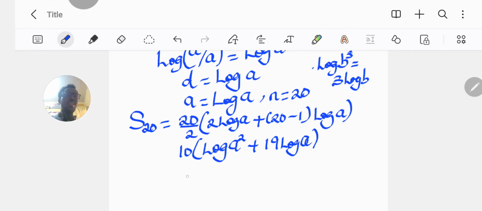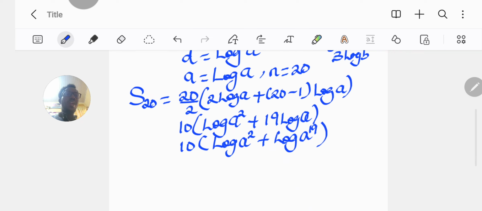So from here we have the 10 brackets. This is also the same as log a squared plus, the same thing happens to this 19, it goes to the top, that's a raised to the power of 19.